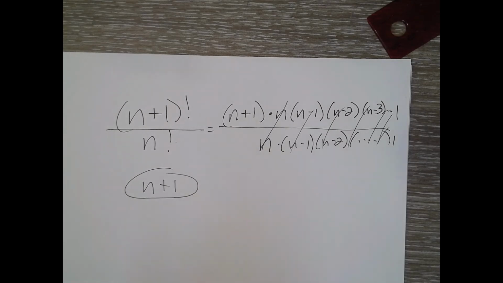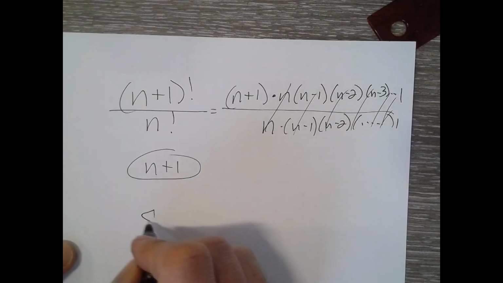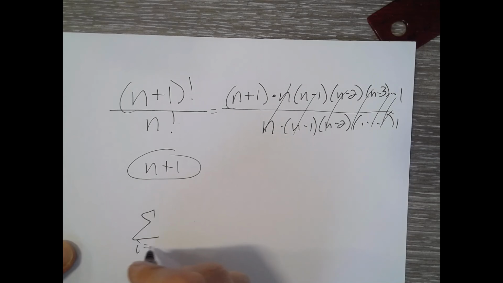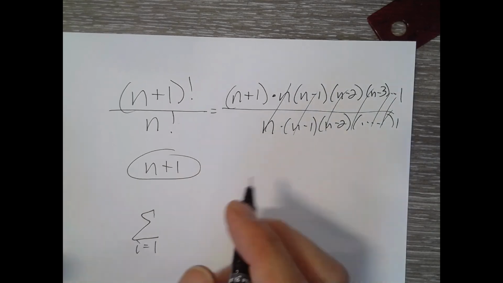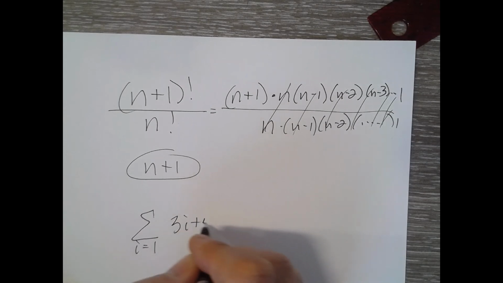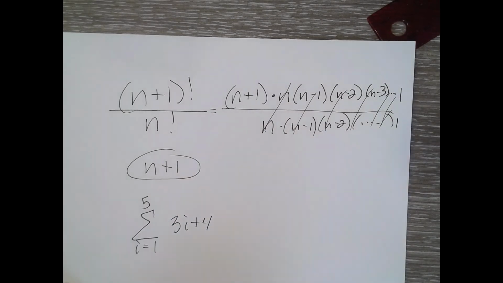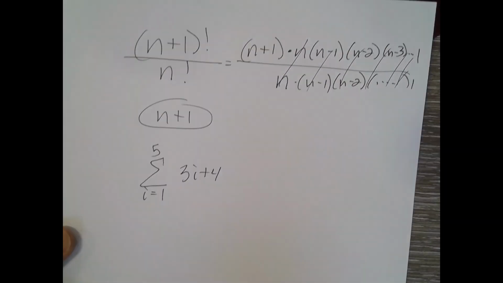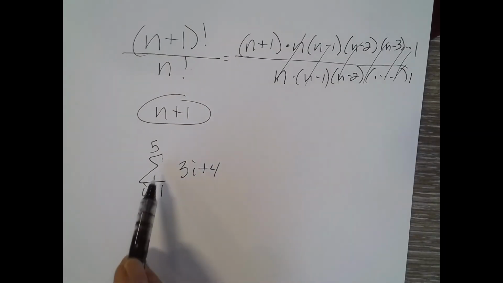All right, summation notation. If I have, let's just say, 3i plus 4 to 5. So if I was going to add this, right here is called summation notation. It's also called sigma notation. It always means sum.